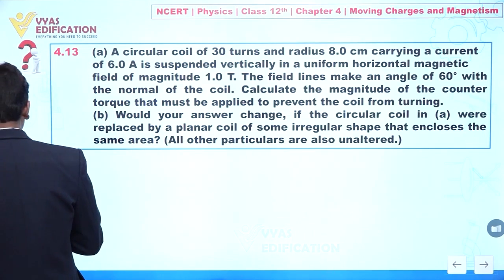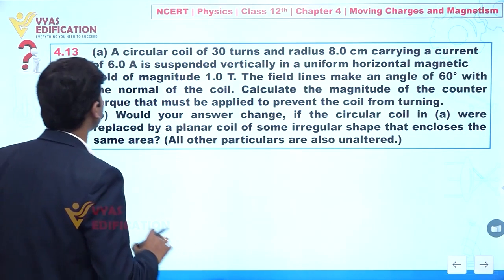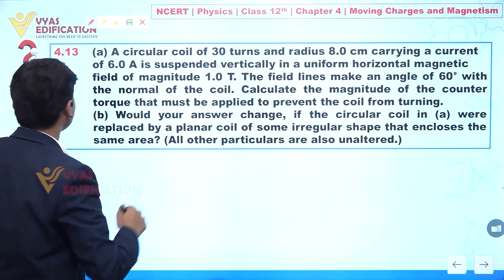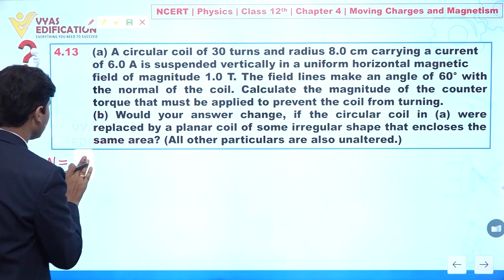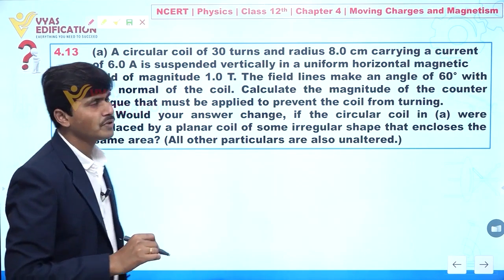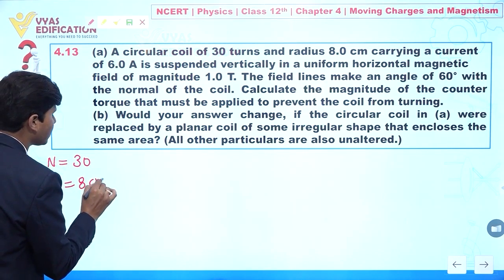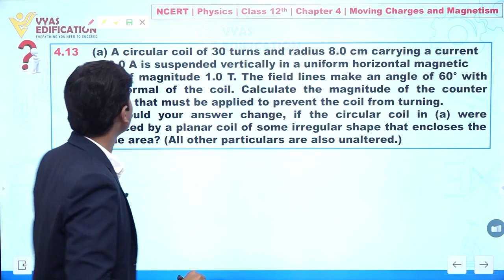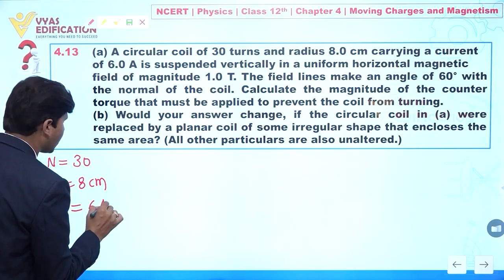Now concentrate. First of all, I am writing here all the parameters that are given to you. We have the number of turns, 30, clear? Radius is given, r equal to 8 centimeter. It is carrying a current of 6 ampere.